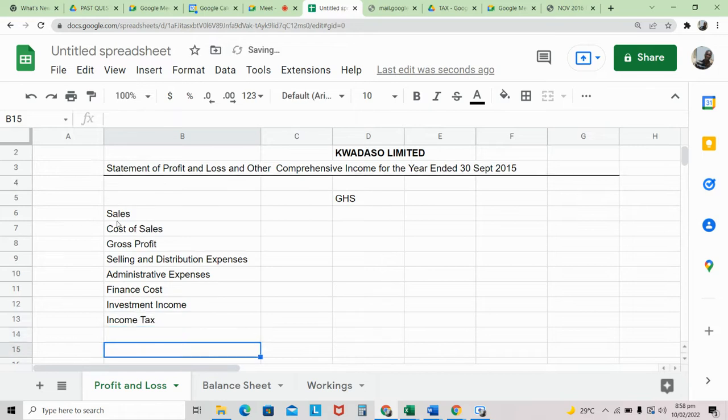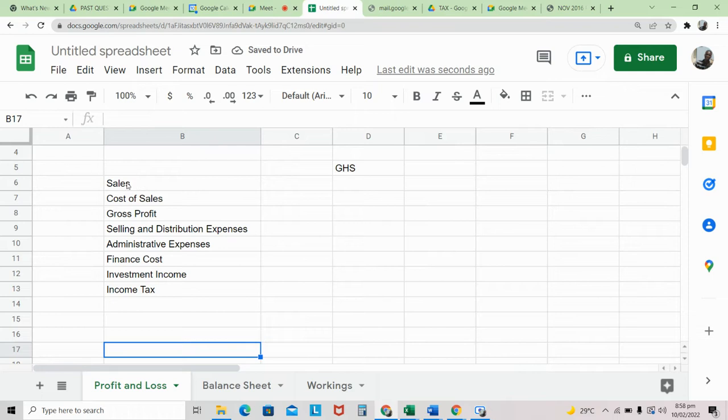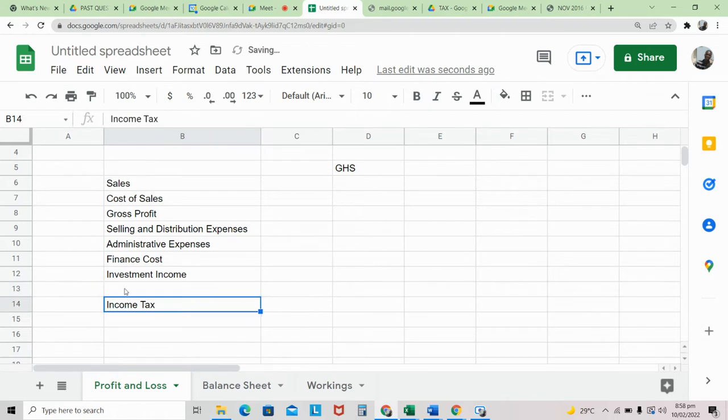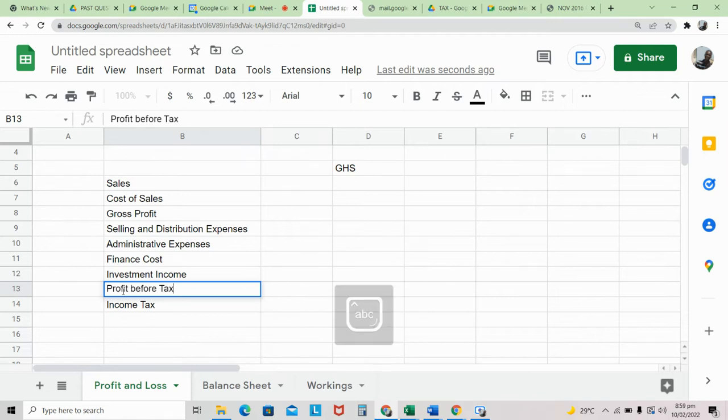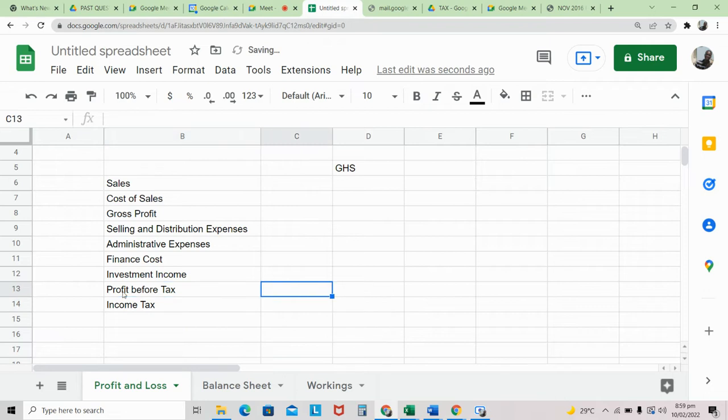Okay, but then when you are able to identify all the line items, you know that before tax, there's what we call profit before tax. So you just bring this one here.